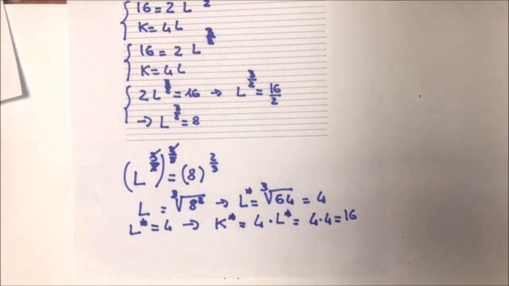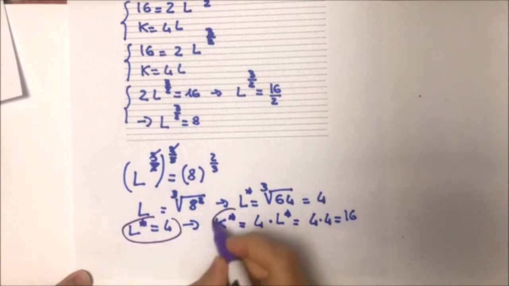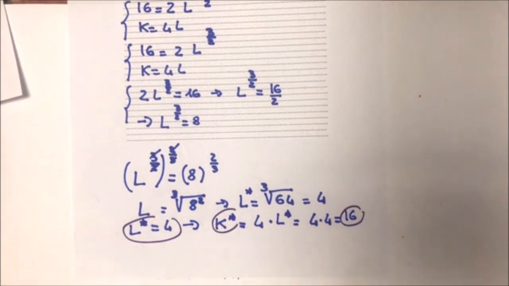Okay, so the optimal combination of inputs is L equals 4 and K equals 16. We computed it. Okay. And we have answered everything for this point 4 that was asking the optimal combination.